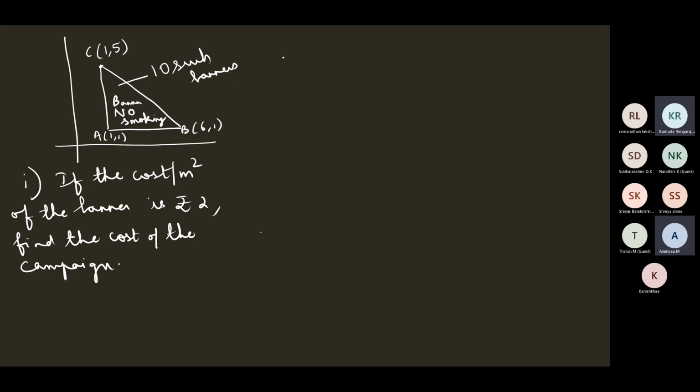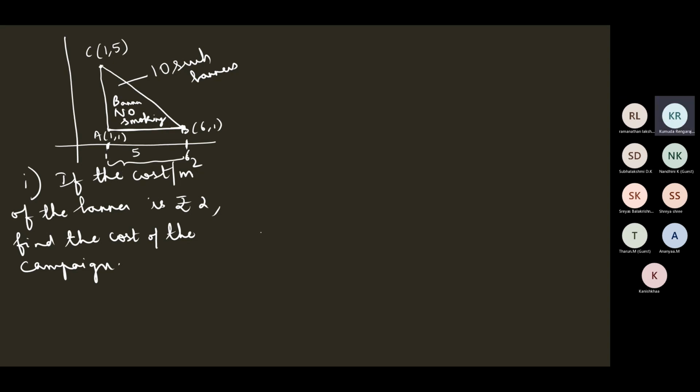Very good. So how do you find the area of the triangle? Half base into height. What's the base from here to here? From the coordinates, this is 6,1, so here it is 6. This is 1,1, so here it's 1. How much is this one? 5 units.